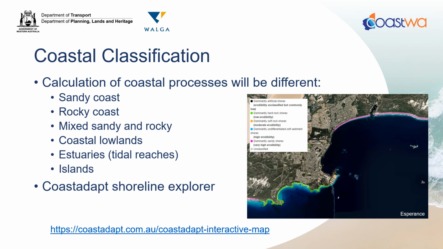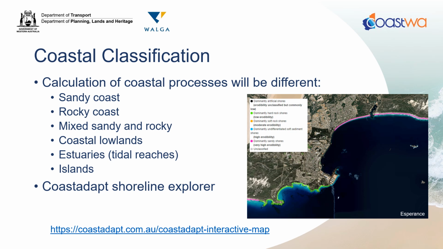The Coast Adapt Shoreline Explorer, which is an online tool with the website location shown below, is a really good tool as a first pass to determine that coastal classification and the type of coast you might be dealing with. So on the figure we've got there, which is an extract from Esperance, it presents a number of those different types of coast.